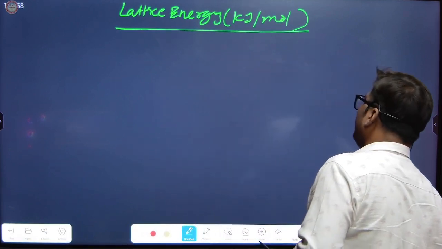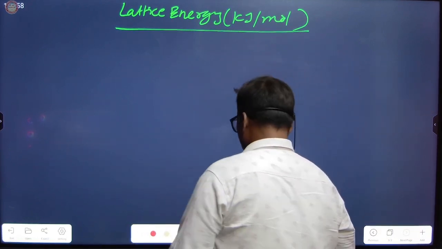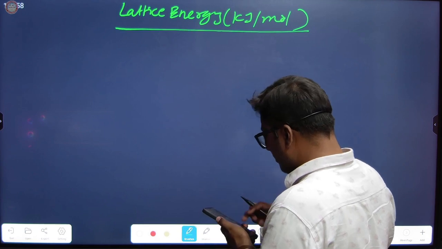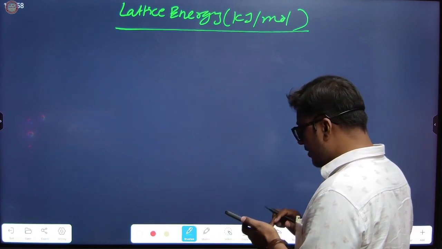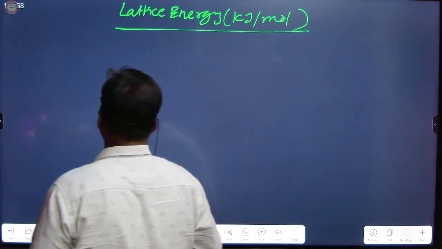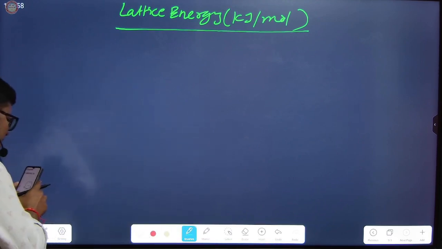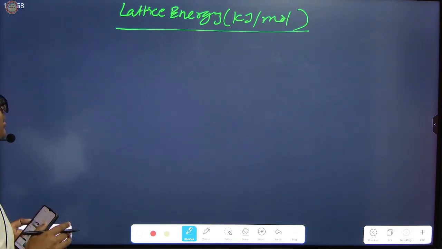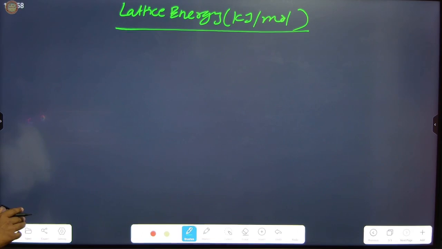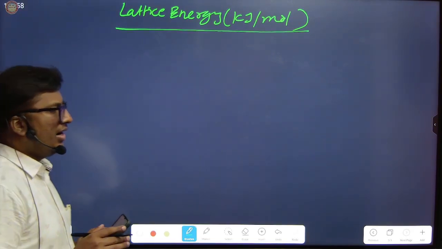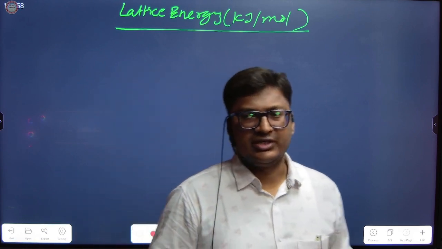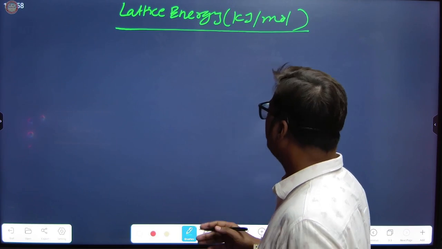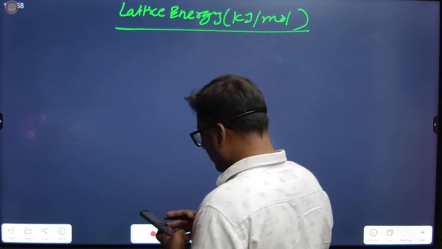As previously defined, it is the energy required to break 1 mole of ionic compound, or released when 1 mole of ionic compound is formed from its gaseous cations and anions, and it is in kilojoule per mole.